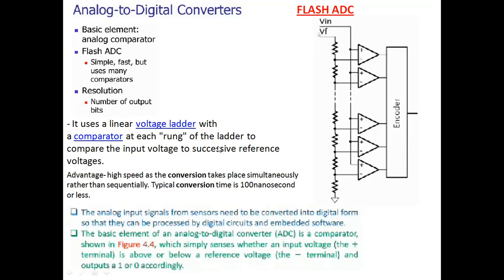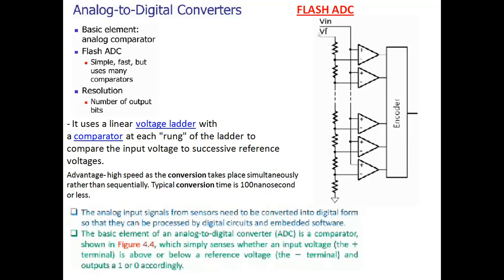The next parameter with respect to ADC is the resolution. So what is the resolution basically? The resolution will depend on the number of resistors used. If we use three resistors, then we have only 3 bits at the output point, so the resolution will be less.